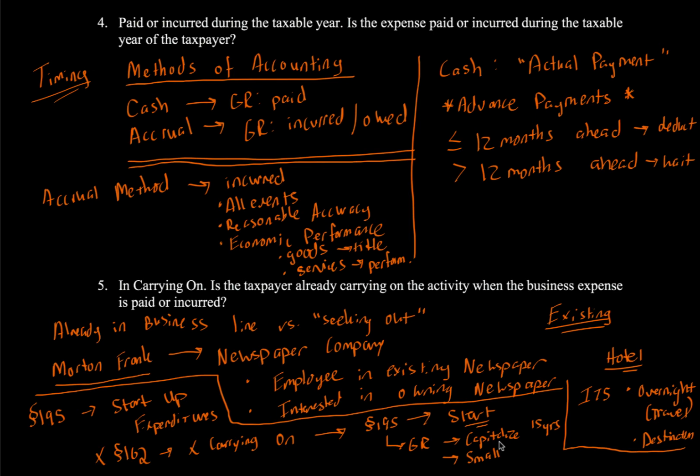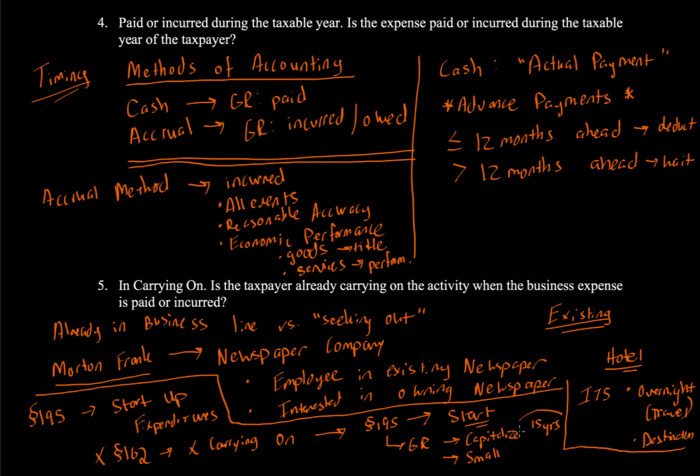So you can only do $3,000. And then the other $49,000, because 52 minus the 3 you can take currently, will be capitalized and amortized over 15 years. Amortized over 15 years. So that's really key.